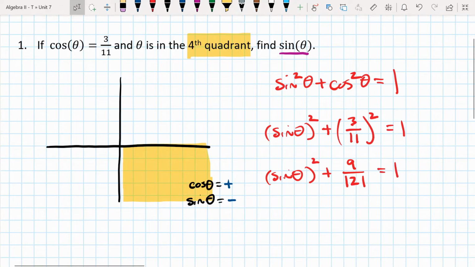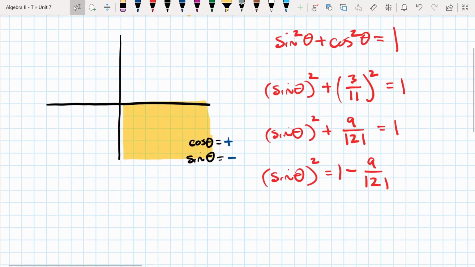I'm going to subtract this fraction 9 over 121 on both sides. Now to combine these together, let's find a common denominator, which is going to be 121 over 121 minus 9 over 121.